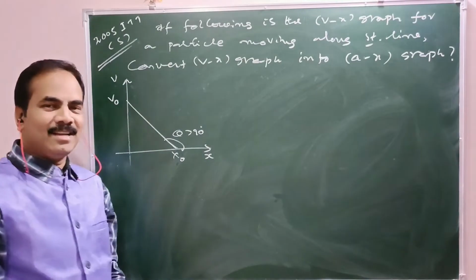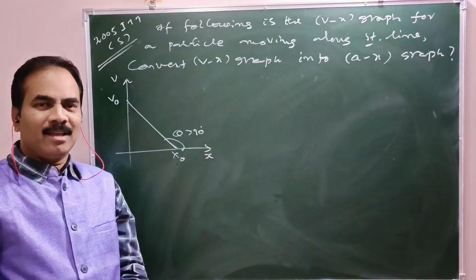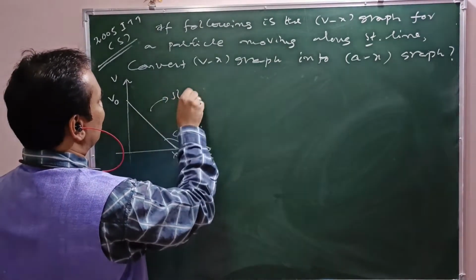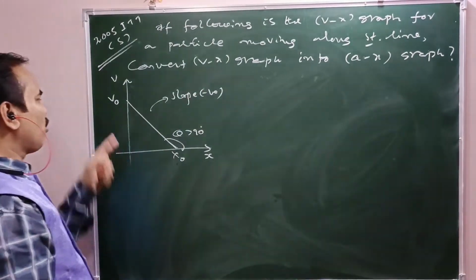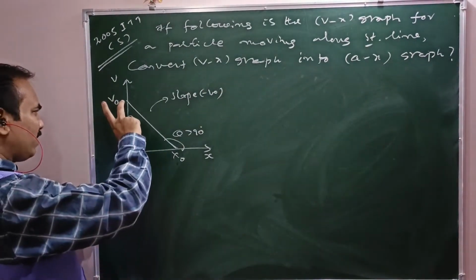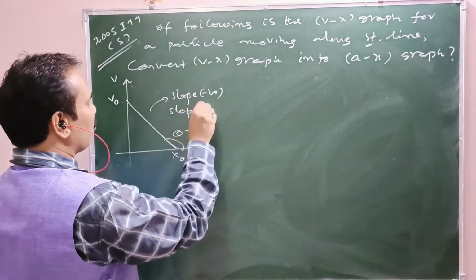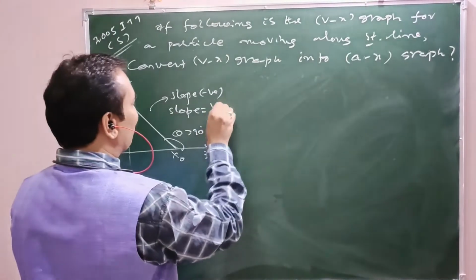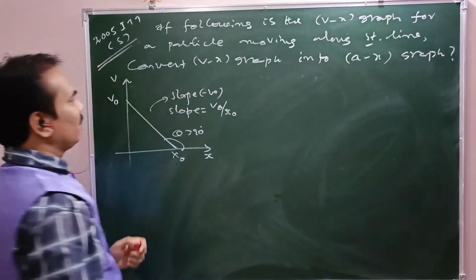Theta is greater than 90, that is an obtuse angle, which means the slope of this graph is negative. What is the slope here? Change in y coordinate by change in x coordinate. So slope equals v0 by x0.